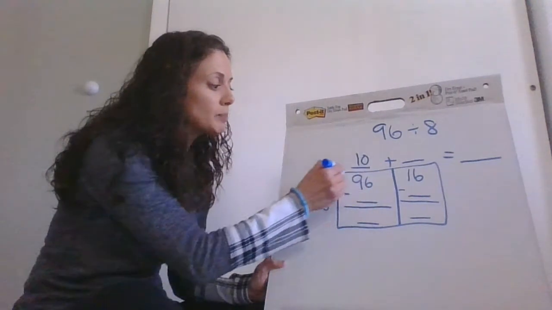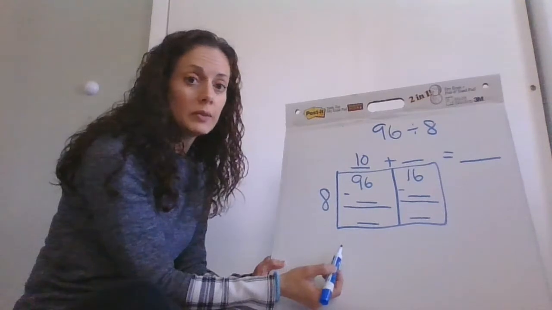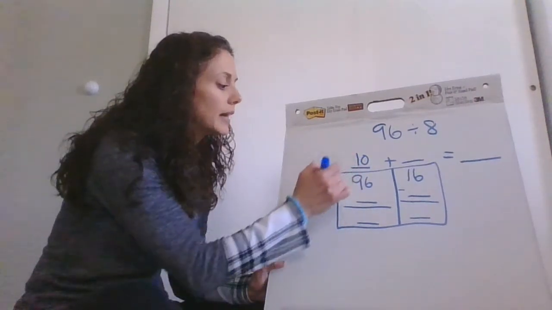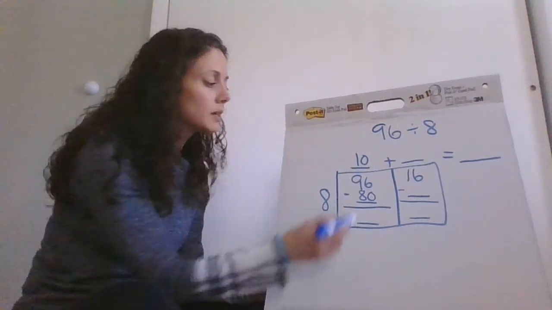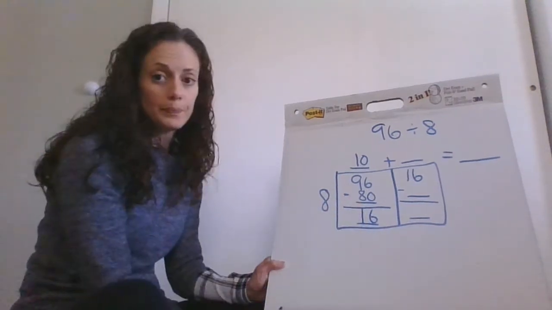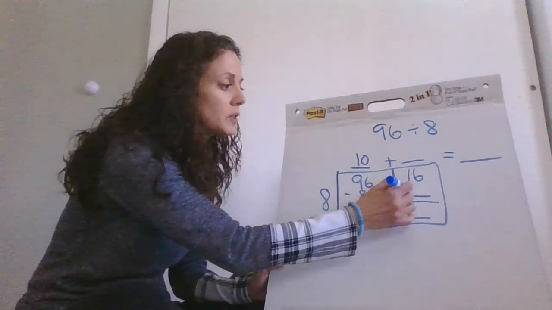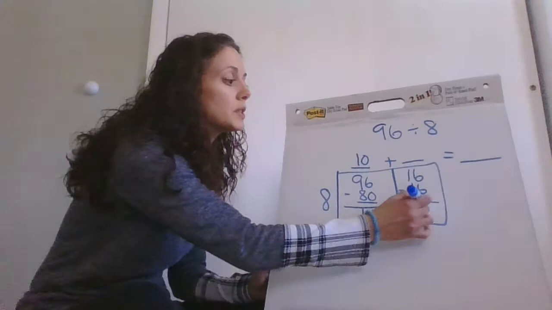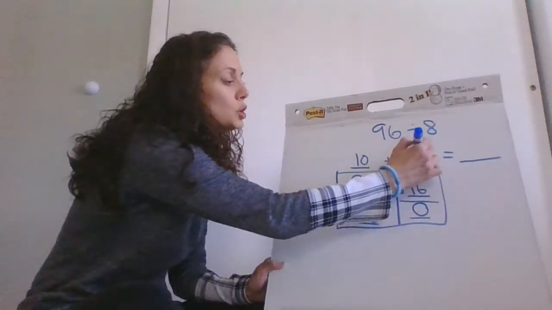If you think of this box in here as the total area, 8 times 10, length times width, we get 80. We subtract. 96 minus 80 is 16. This 16 is what comes over here to this blank spot. 16 minus 16 equals 0, and 8 goes into 16 2 times.